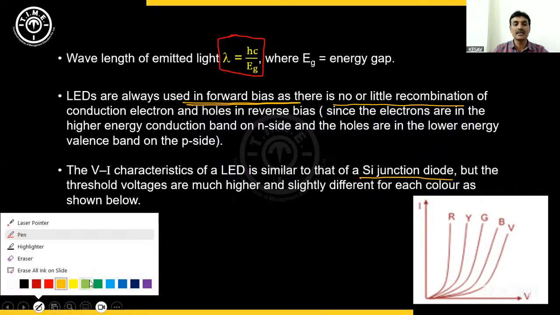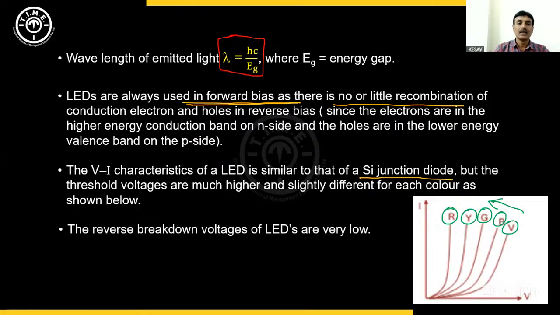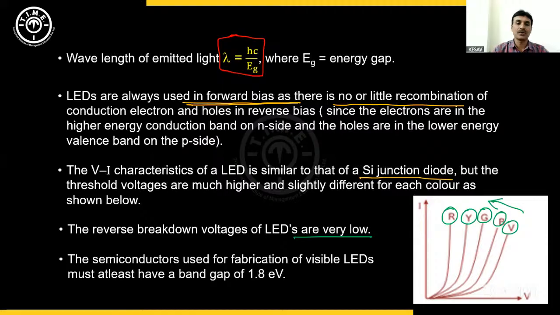See what all colors are shown here: violet, blue, green, yellow, red, different colors. So threshold voltages vary with respect to their color as shown here. Okay.